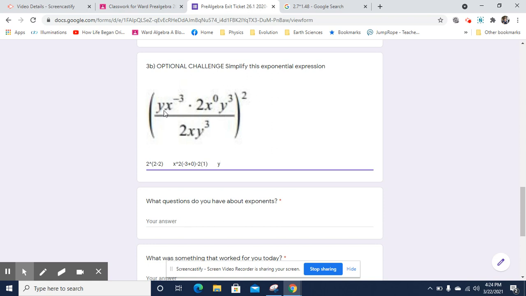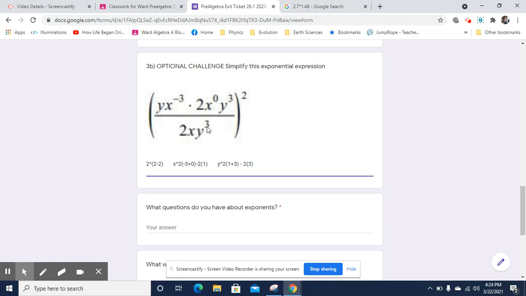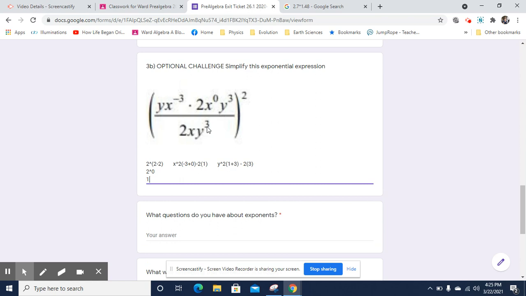Then I've got y to the first, I've got y to the third, and that's being raised to the second in the numerator, so I'll deal with that. So I'm going to raise it: 2 for the second times 1 plus 3. And I'm going to subtract 2 times 3 for the denominator. So 2 to the 2 minus 2 is going to be 2 to the 0, or just 1, which we won't care about since it's all multiplication. And we don't care about multiplication times 1.